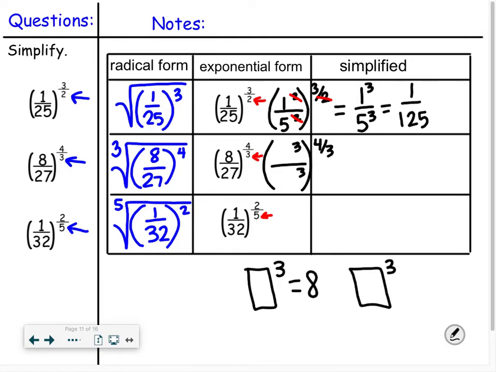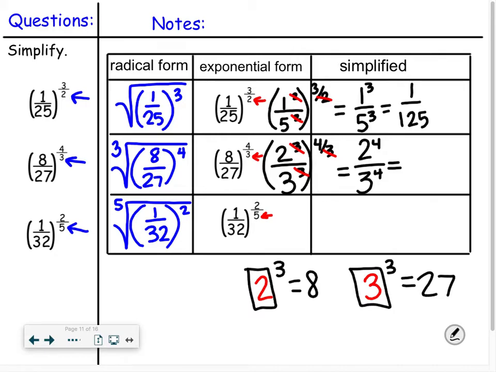Something to the 3rd power that equals 27. 2 to the 3rd is 8. 3 to the 3rd is 27. So 2 and 3, cancel those 3's with my denominator and see what's left. 2 to the 4th over 3 to the 4th. 2 to the 4th power is 16. 3 to the 4th power is 81.